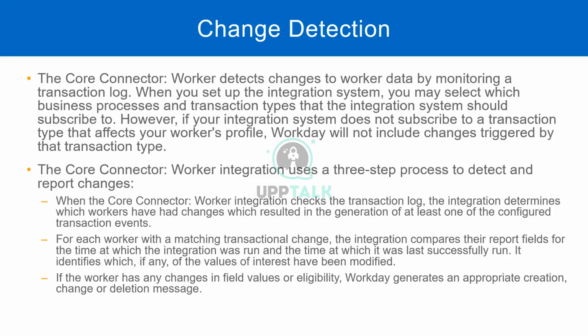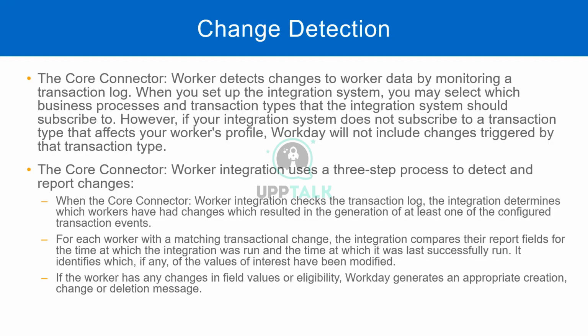Are the changes related to the changes that I am looking for? Let's say the integration is only looking for hire and termination. Did this worker have any change in terms of hire or termination? It looks at the transaction log and tries to find it out.